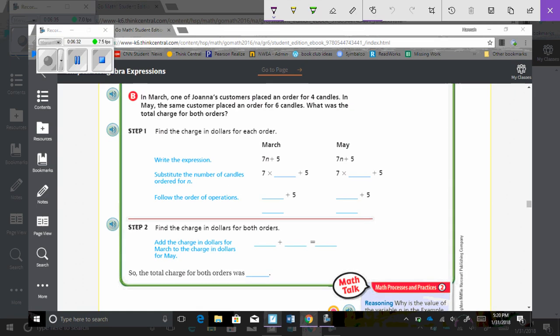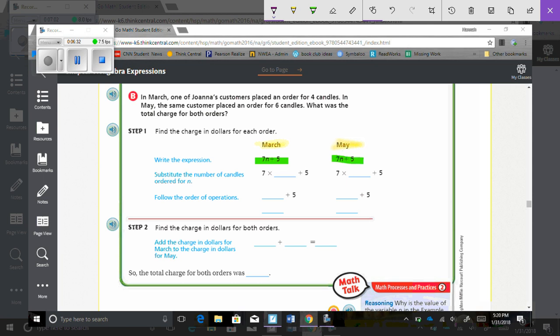In March, one of Joanna's customers placed an order for 4 candles. In May, the same customer placed an order for 6 candles. What was the total charge for both orders? So we're going to find the charge in dollars for each order. So we're going to write the expression, which we have right here. And that's the expression for March and May. Those are 2 different times, but we're going to use the same expression.